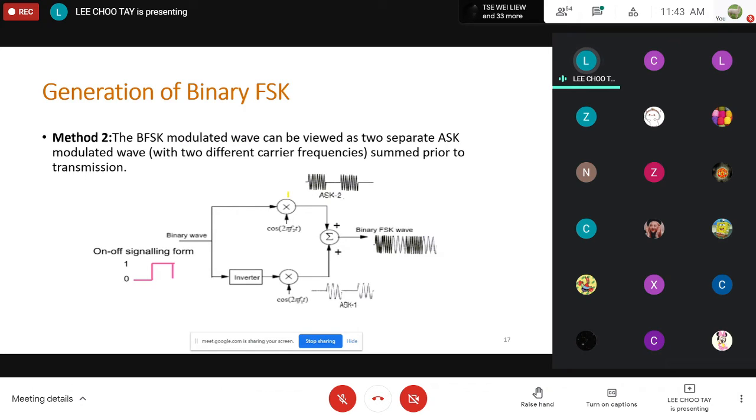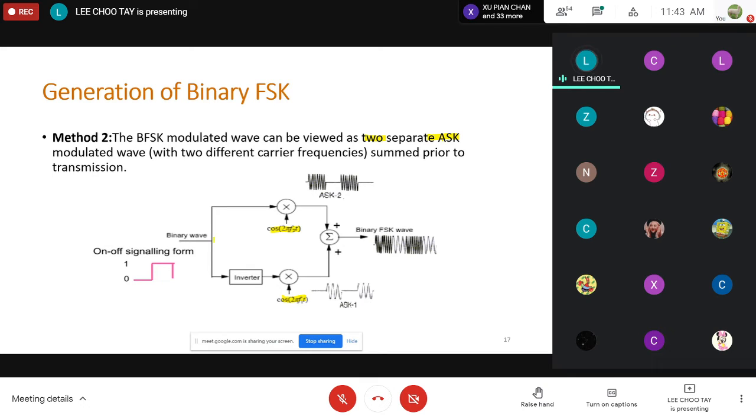Method number 2 is actually making use of two separate ASK modulators. All right, two ASK modulators. So these two ASK modulators have two different carrier frequencies. One is F2, one is F1.